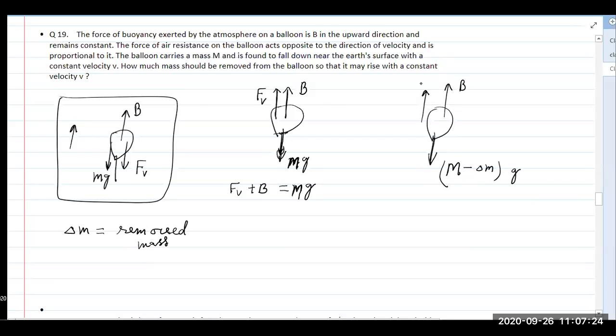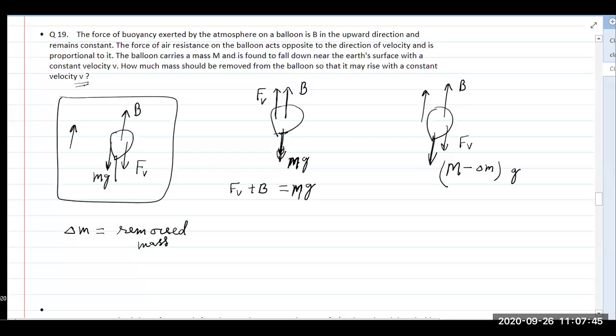Now if it is going up, the viscous force will also act downward, and the viscous force magnitude will be the same. Why? Because it may rise with the same constant velocity v, and the force of air resistance acts opposite to the direction of velocity and is proportional to it.